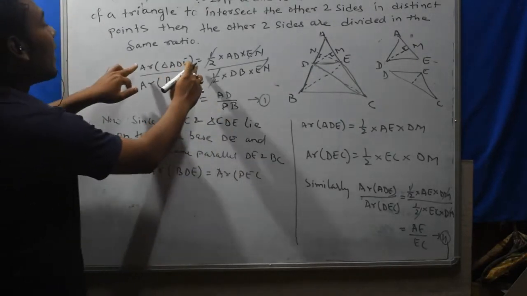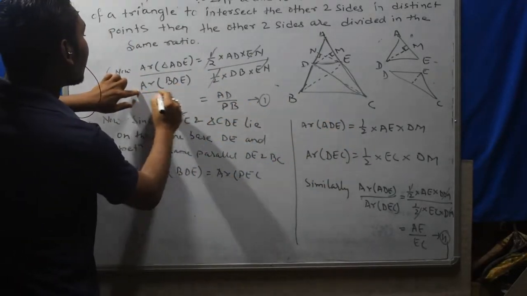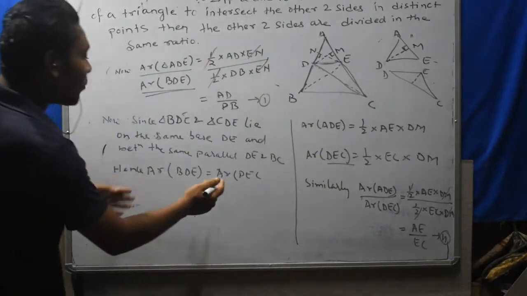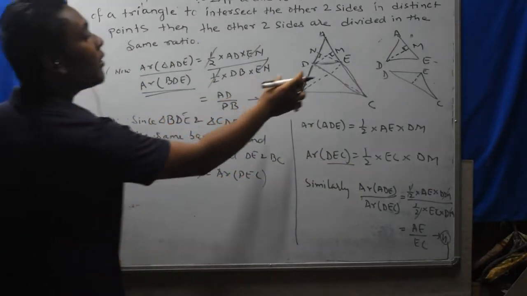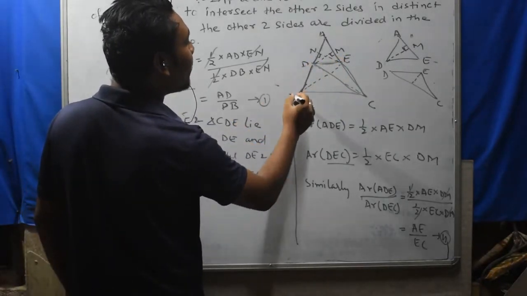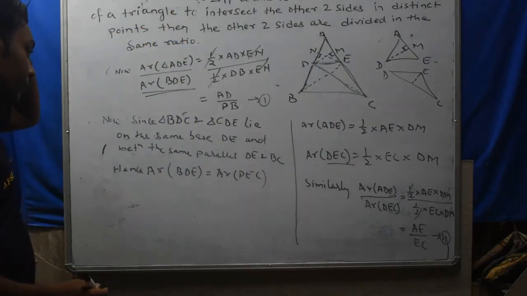So already ADE is equal to ADE. Now we were to prove BDE is equal to DEC. So we can prove by this, because DE is the common base of BDE and CDE. So we can choose the same.